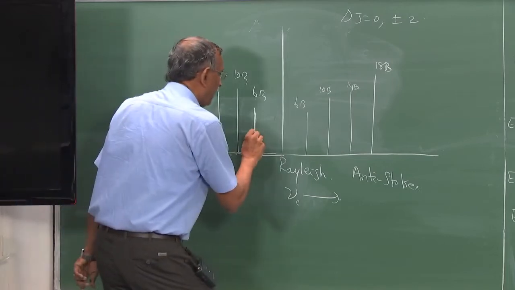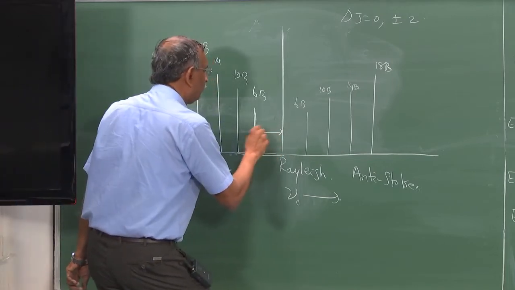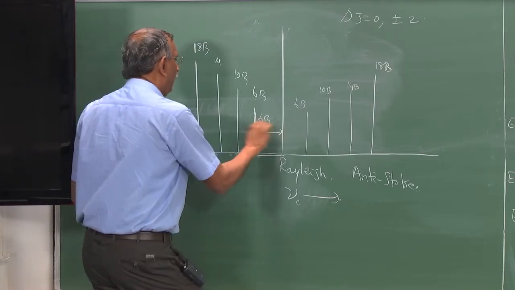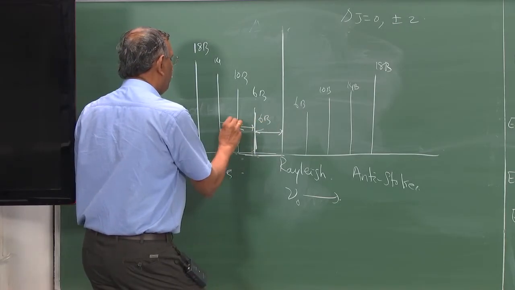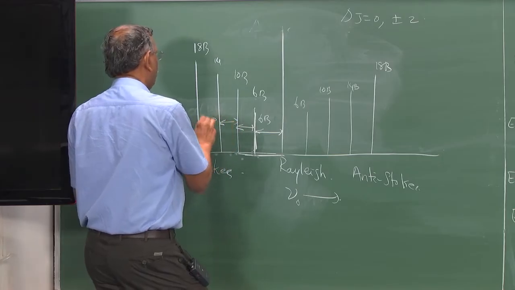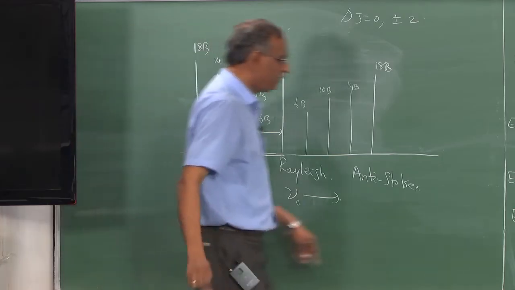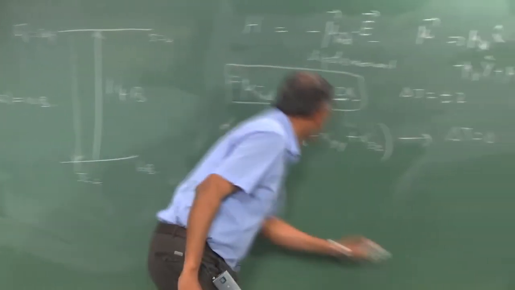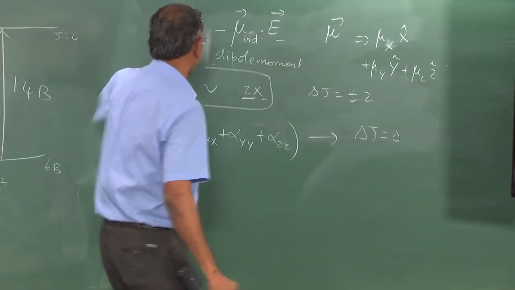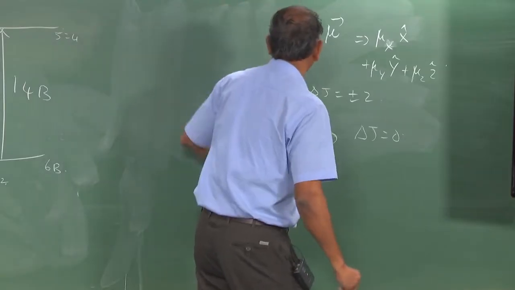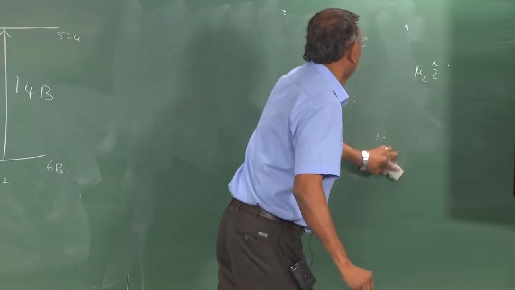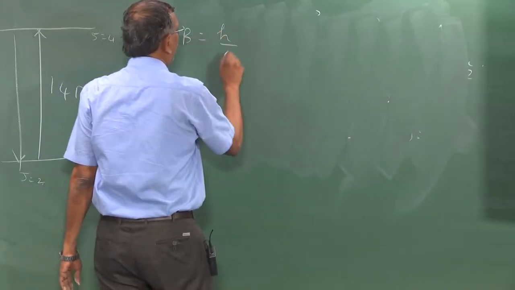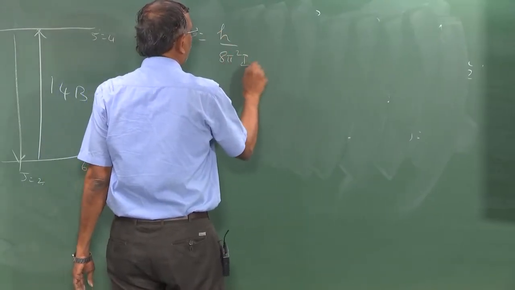The gap between the 0 and the first rotational line is 6b, and every other line is 4b. And what is B? You know from microwave spectroscopy that for a rigid diatomic molecule, the value of B is h by 8 pi squared Ic.